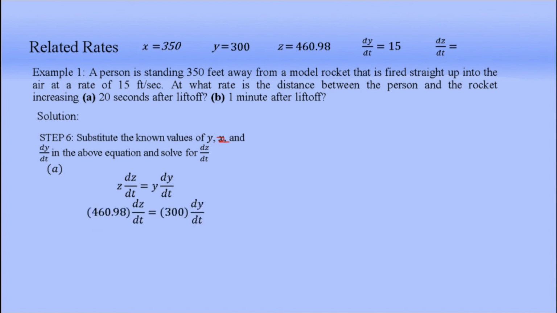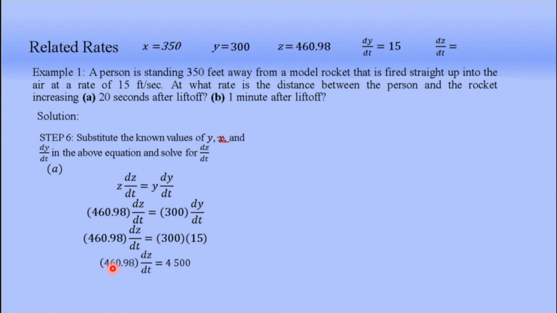So 460.98 times dz/dt equals 300 times dy/dt. So again we are solving for the derivative of z with respect to time. And so we have this value, so we're just going to substitute it. So it's going to be 300 times 15. So 300 times 15 is 4,500.